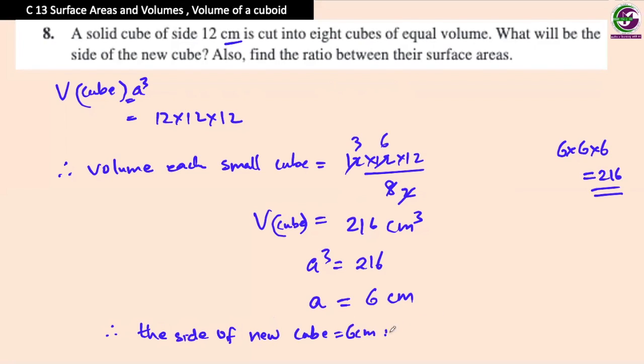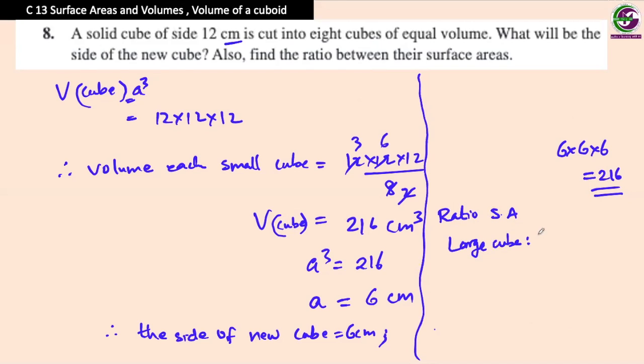And we need to find the ratio. Ratio of surface area of large cube is to small cube. Now we have to try to recall surface area of a cube, which is 6a square.